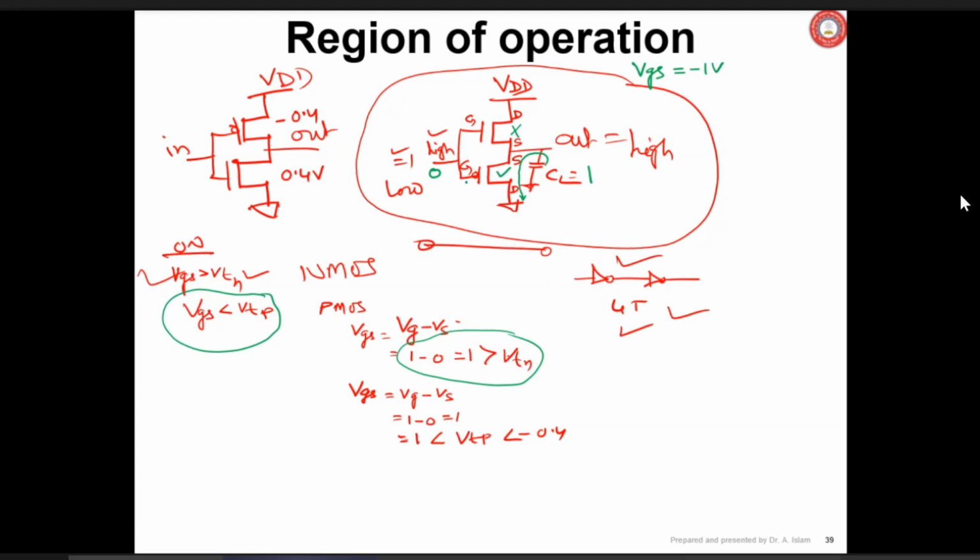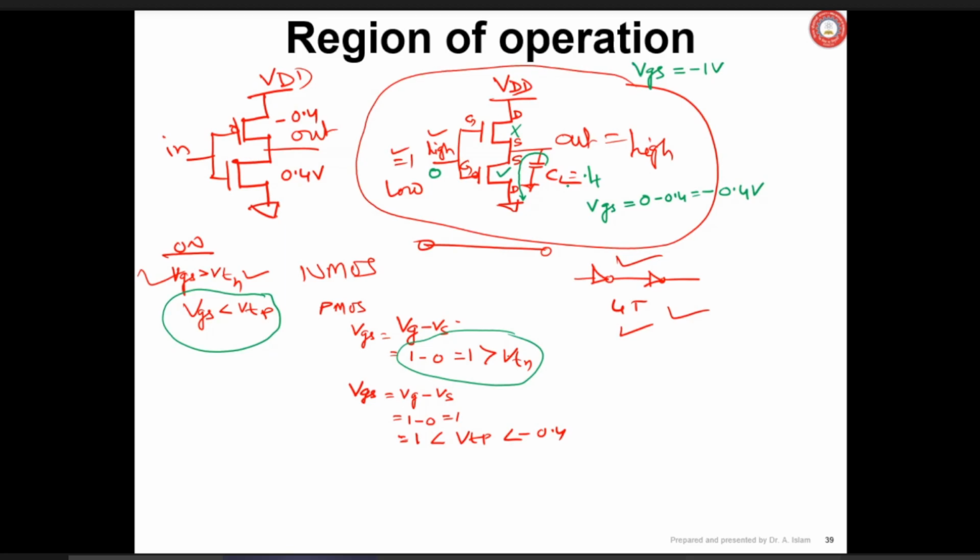Suppose it is dropping and dropping, finally it is reaching 0.4 volt. It has reached 0.4 volt after dropping from 1 volt. Now, what is VGS? 0 minus 0.4, minus 0.4 volt.